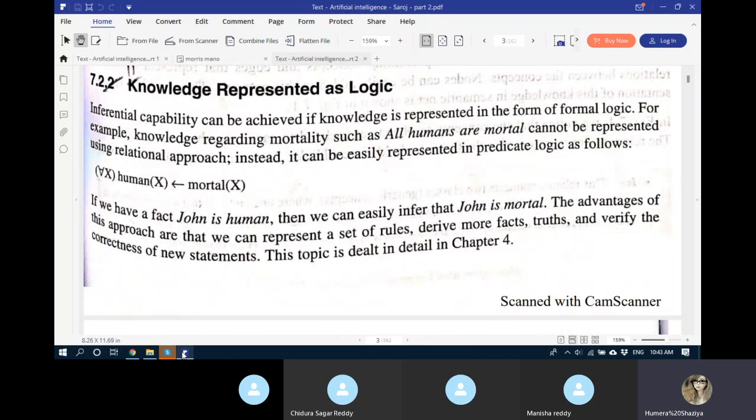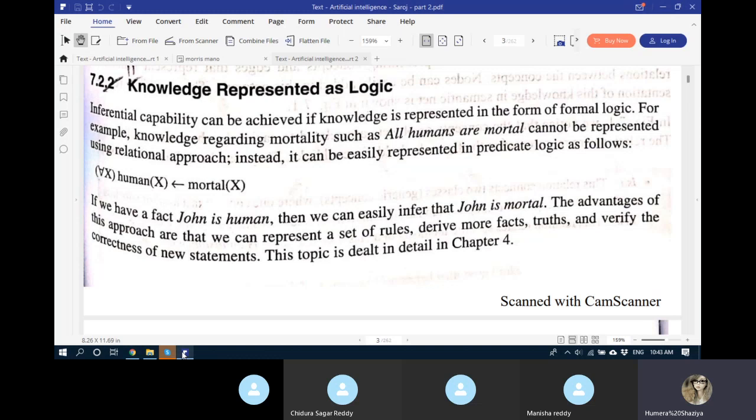And if you remember, this statement has a meaning. What is the meaning of this statement?